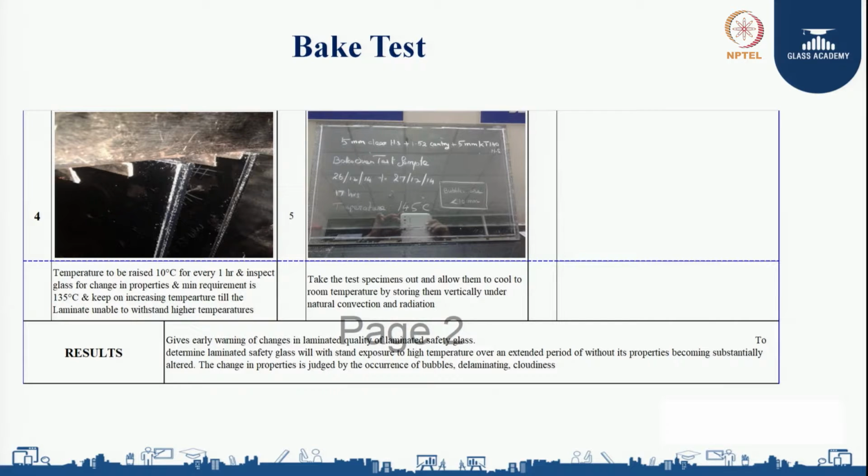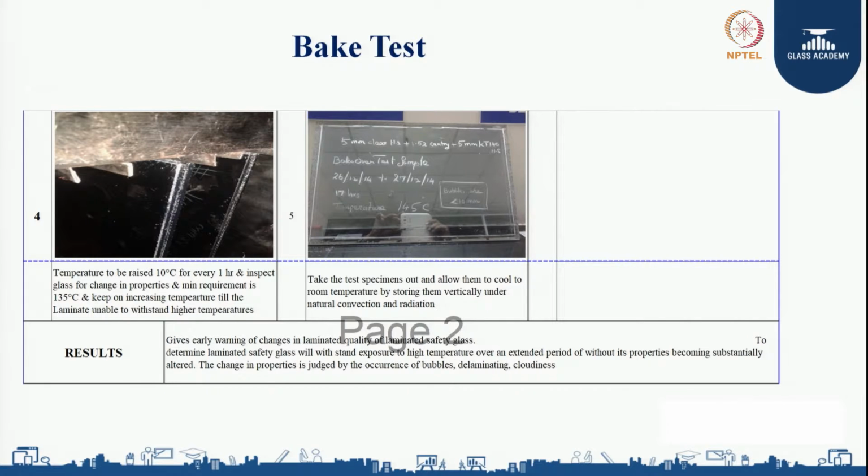And I need to continue this process until I find that my laminated glass is unable to withstand the high temperature. The minimum requirement is 135 degrees centigrade, and we need to continue this process, that is every hour a 10 degree rise in temperature and inspection, until the laminated glass is no longer able to withstand high temperature. So basically this is a durability test for a laminated product.